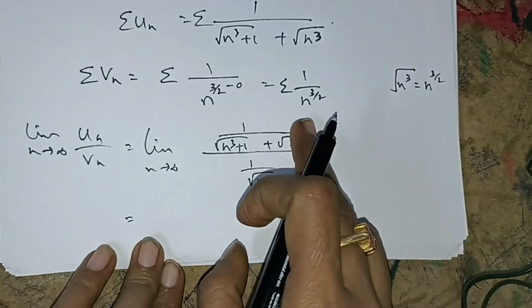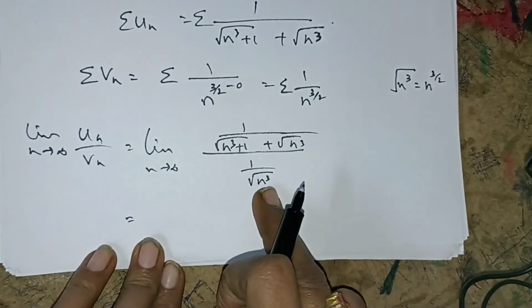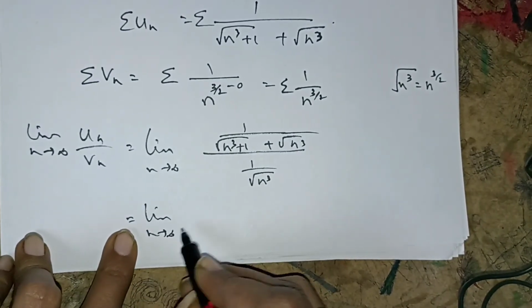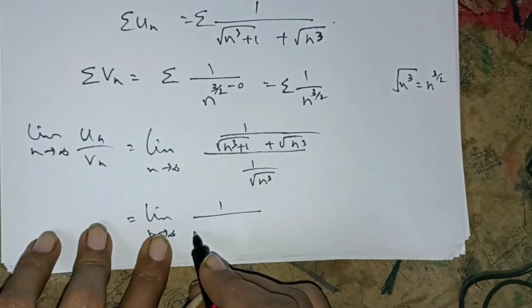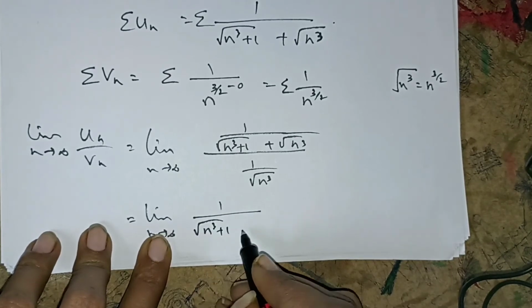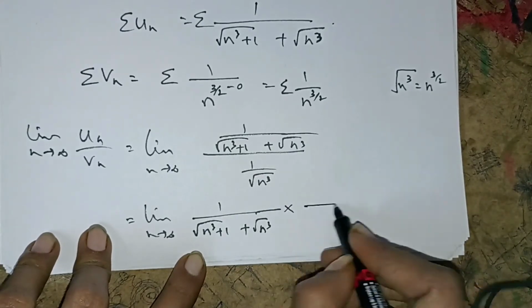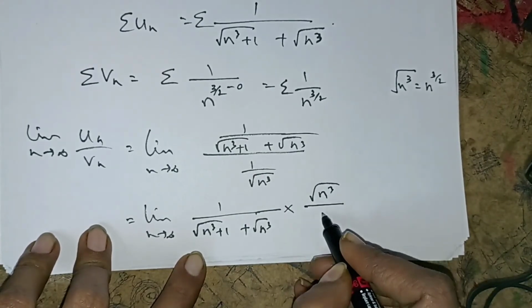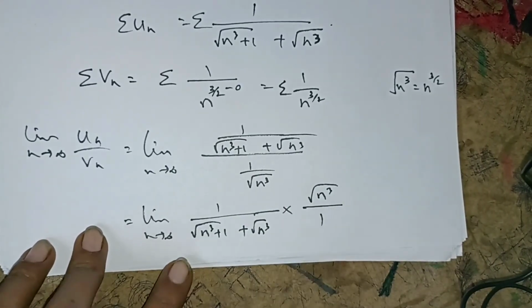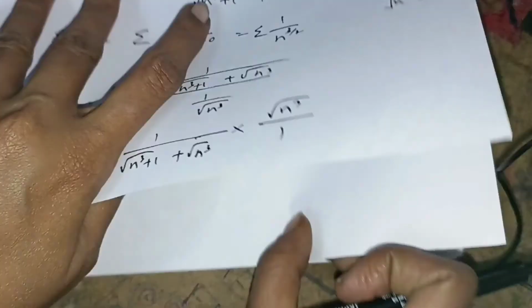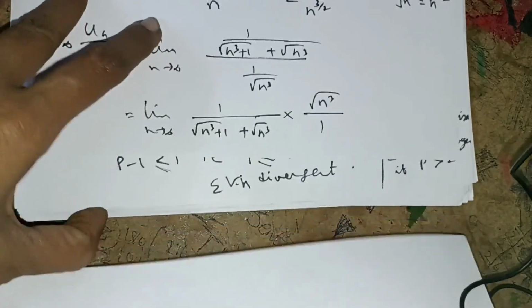Now I will take common. The next step is limit n tends to infinity, taking root n cube common from this. How much will you get? The remaining is root of 1 plus 1 by n cube, plus 1.